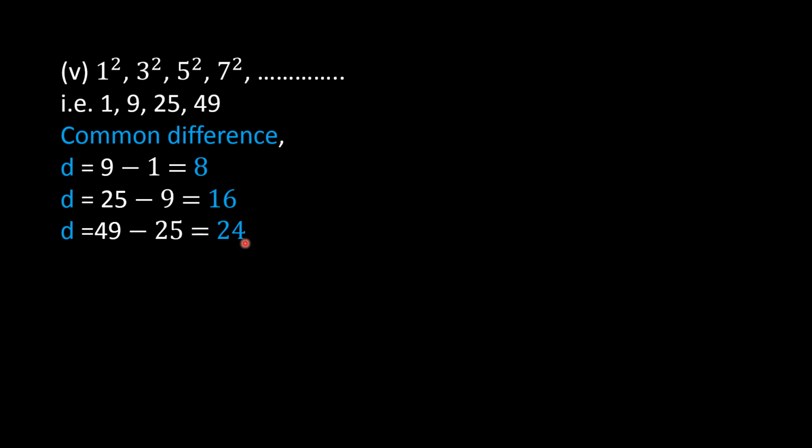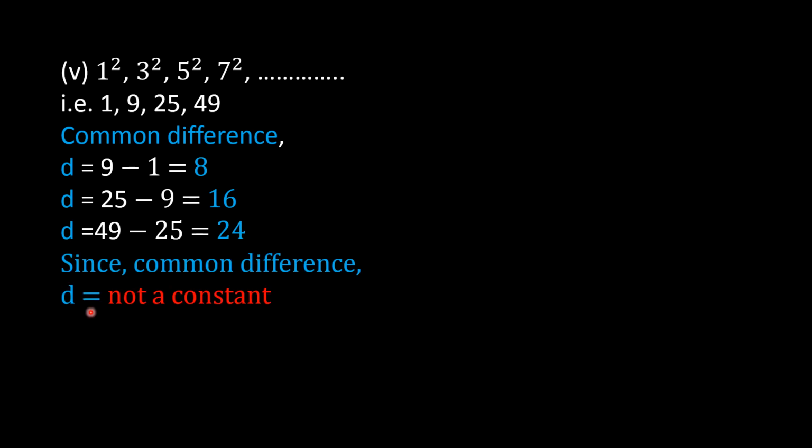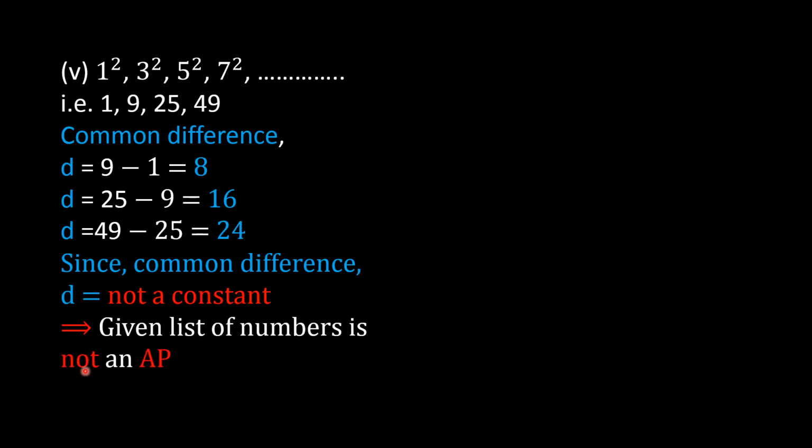Here we observe that the common difference is different in each case: 8, 16, 24, which is not constant. Since the common difference is not a constant number, it implies that the given series of numbers is not an AP.